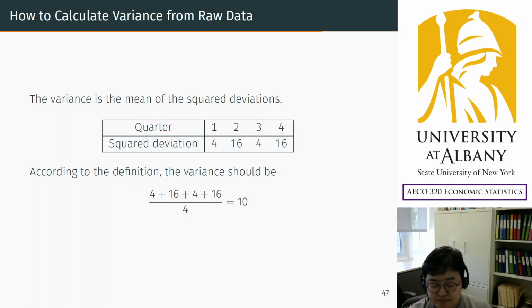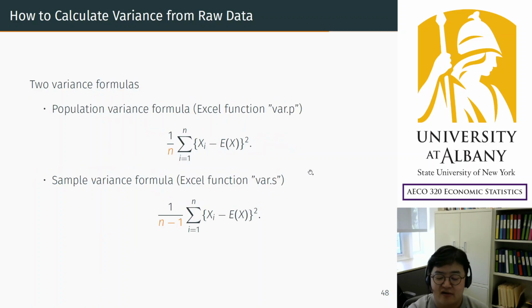Okay, so nothing special. If you understand how to calculate the squared deviations and how to calculate the average, then you are good. But there is a weird convention that there are two different formulas to calculate the variance.